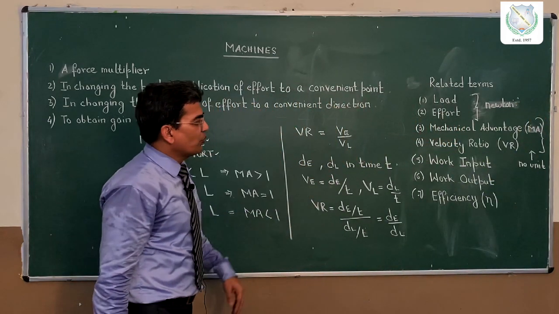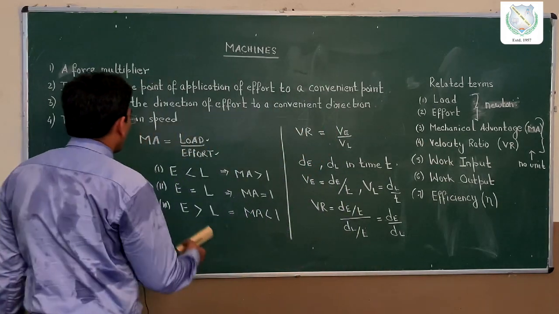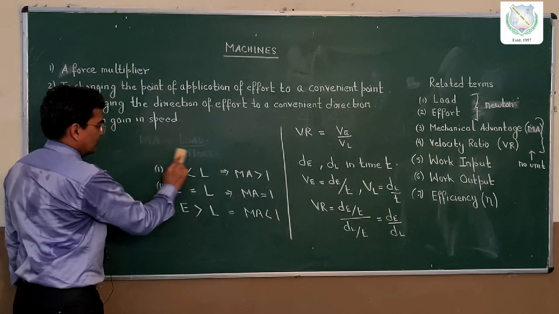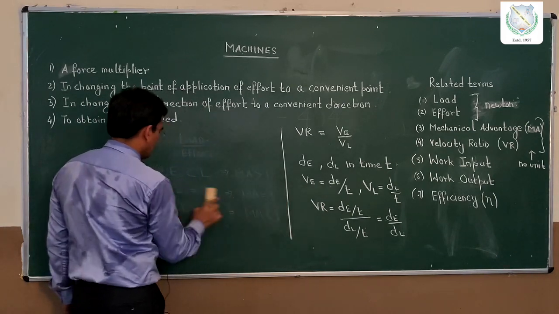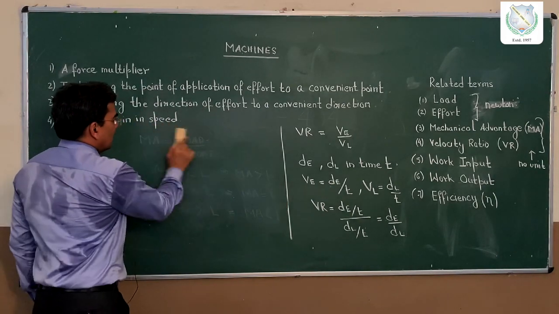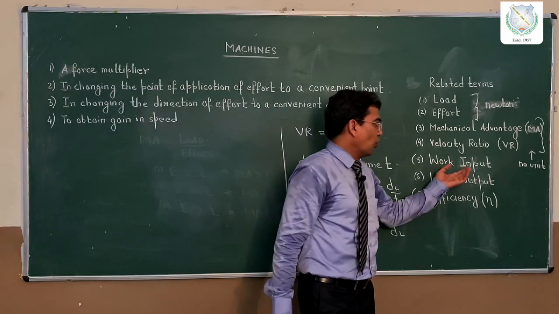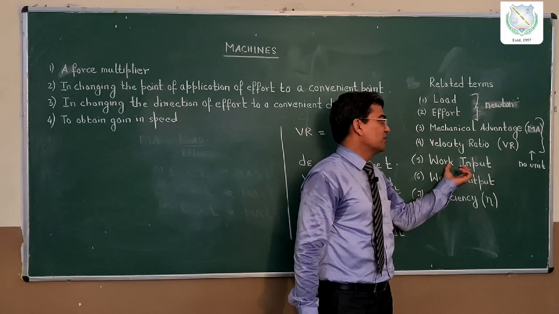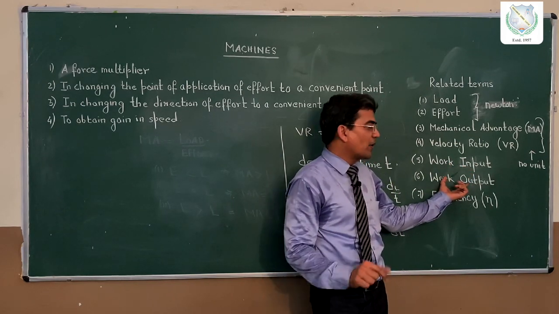Now the next term we have is work input. Let us see what work input is. Work input means work done on the machine, and work output means work done by the machine.